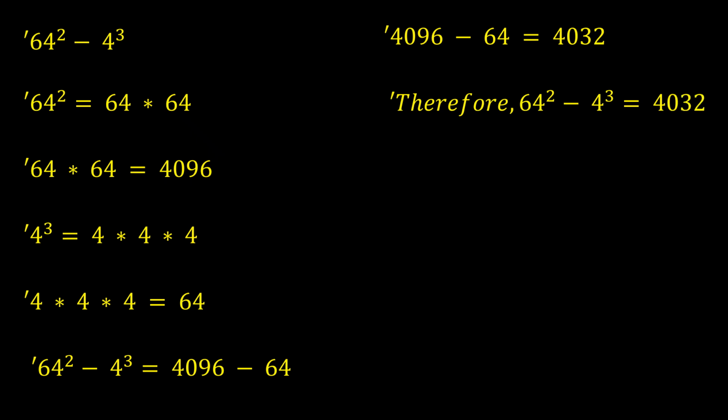Therefore, 64 squared minus 4 cubed equals 4,032. The final answer is 4,032.